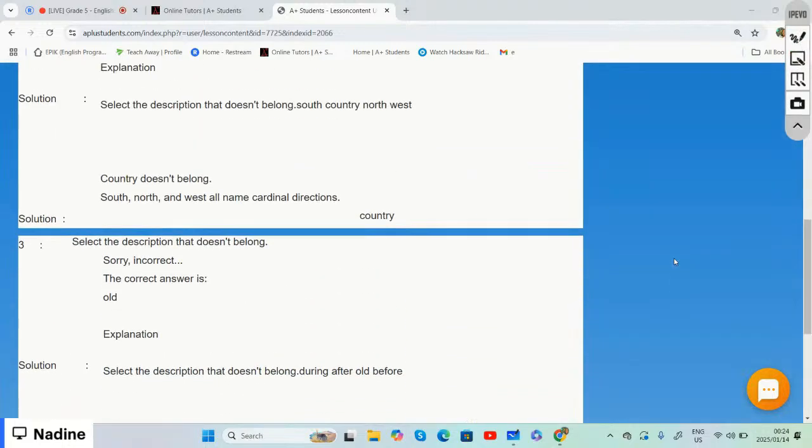All right, the last one says we need to select the description that doesn't belong.